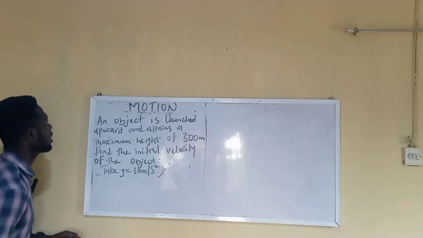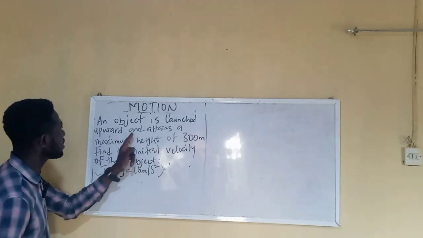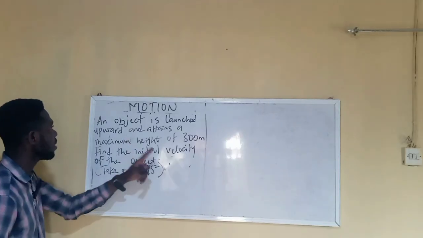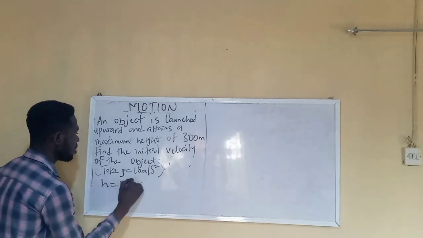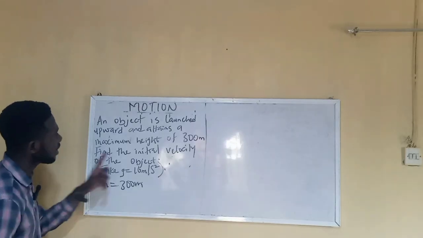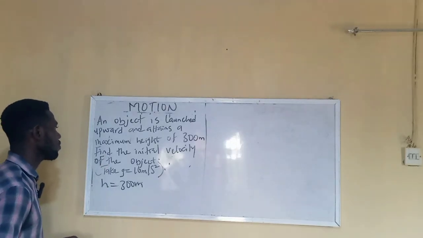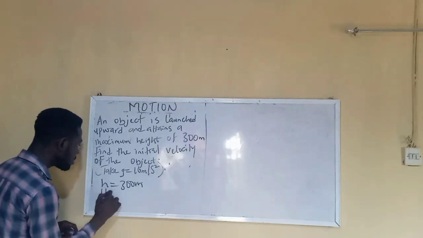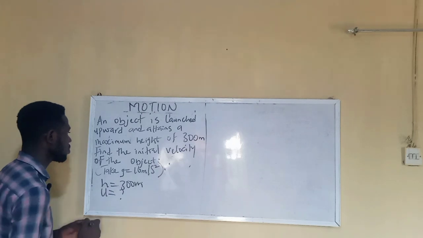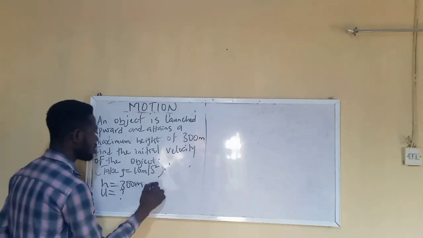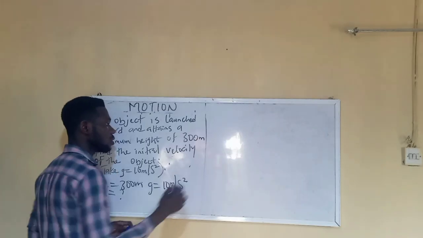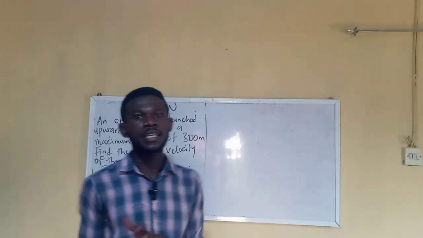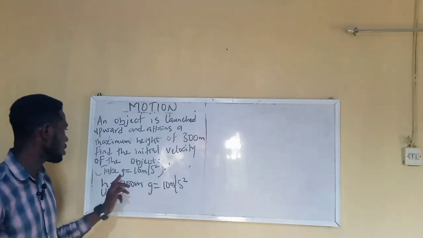So if you have a question like this, they said it attains a maximum height of 300 meters. So that means our h is 300 meters. Find the initial velocity of the object, so our missing parameter is u, and our g is 10 meter per second squared, because they say take it to be 10.